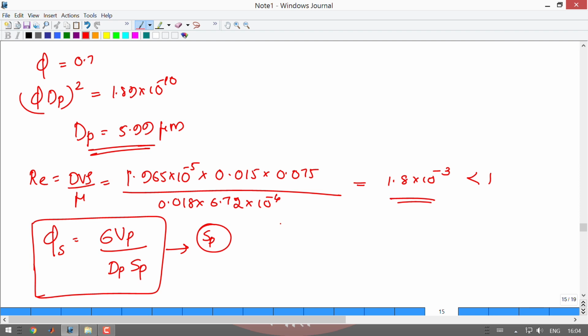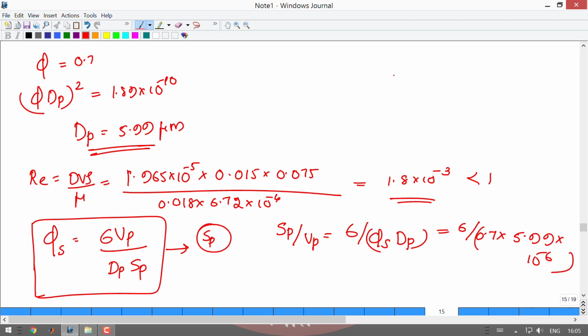So, we can write this expression as Sp by Vp equal to 6 divided by phi into dP, which is equal to 6 divided by 0.7 into 5.99 into 10 raised to minus 6.